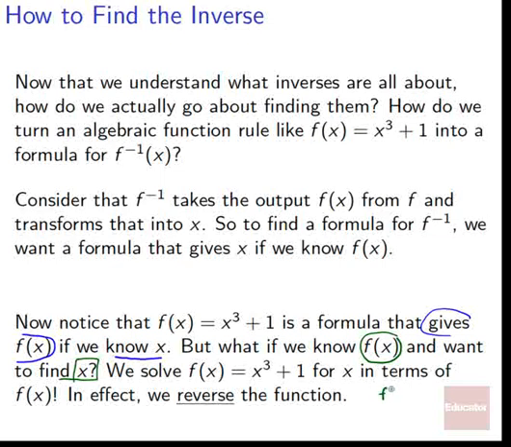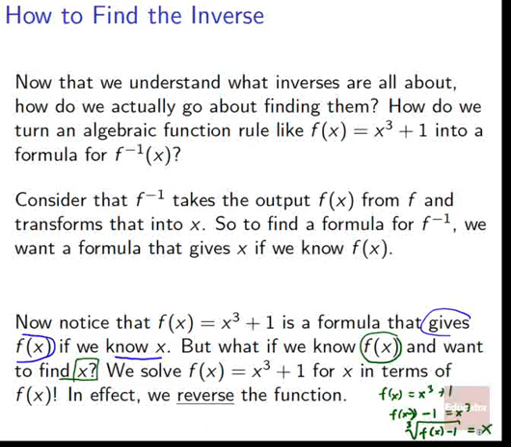Well, we move that over: f of x minus 1 equals x cubed. So now we've got the cube root of f of x minus 1 equals x. If we know what f of x is, we can figure out the original x that did it. We're solving it in reverse. As opposed to solving f of x in terms of x, we're solving x in terms of f of x.